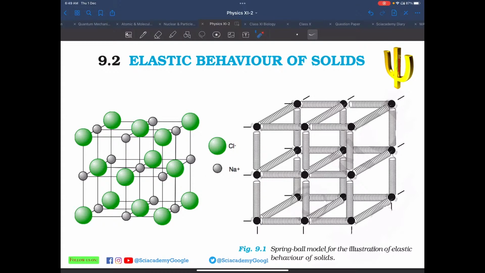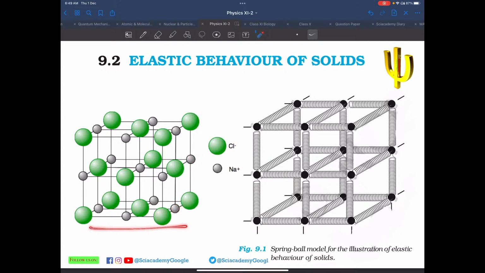They are arranged in a standard, ordered fashion, in a regular systematic manner. You can see here one chloride, then sodium, then chloride, then sodium, then chloride.